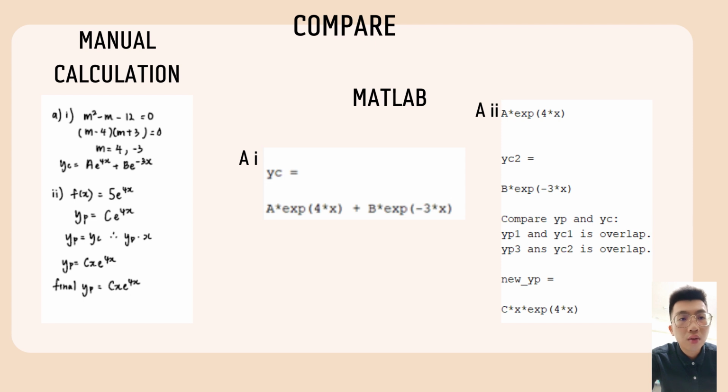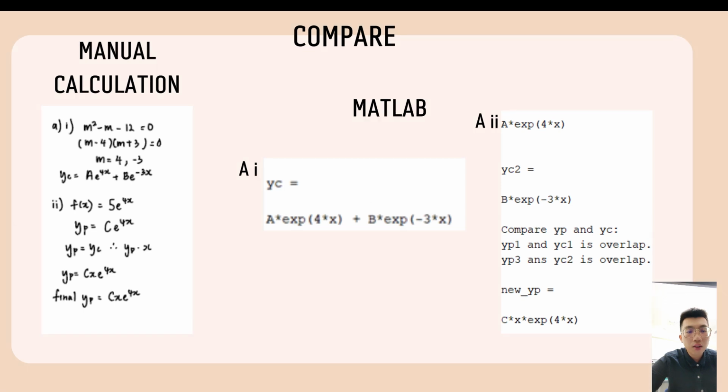For manual calculations, and the output for the MATLAB, is the same. For question A2, find the particular integral yp. The yp equal to c x e^(4x). This is the same as the output of the MATLAB.